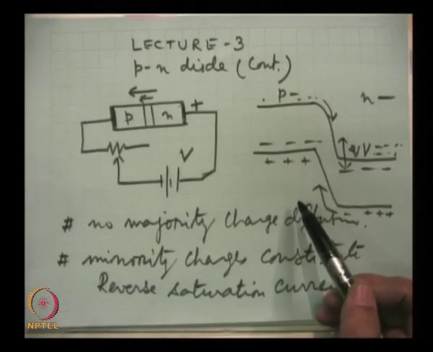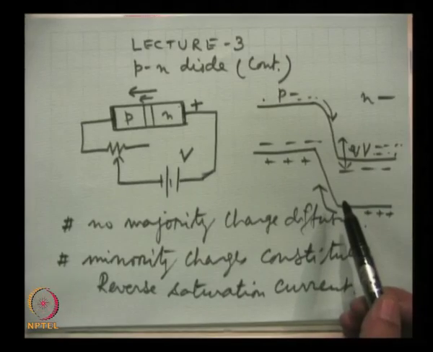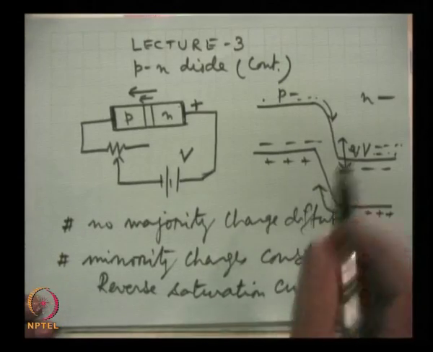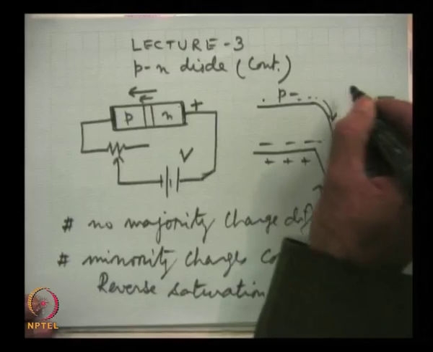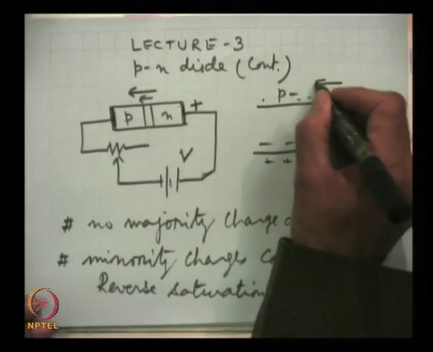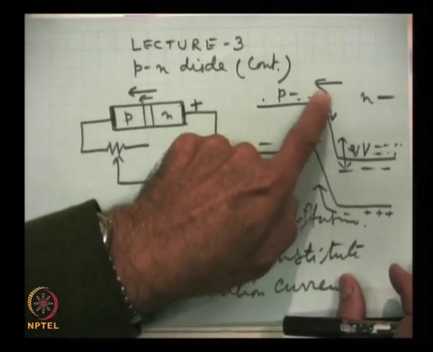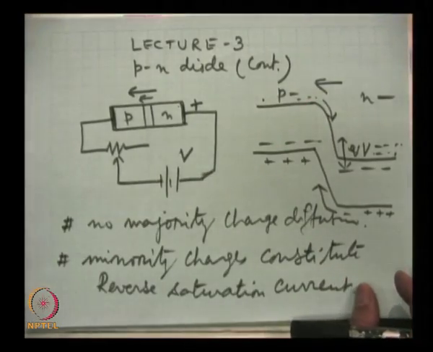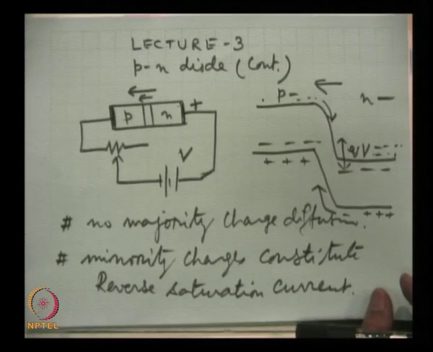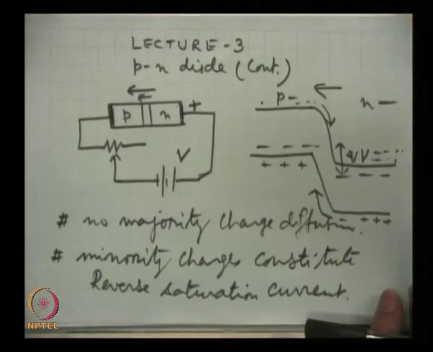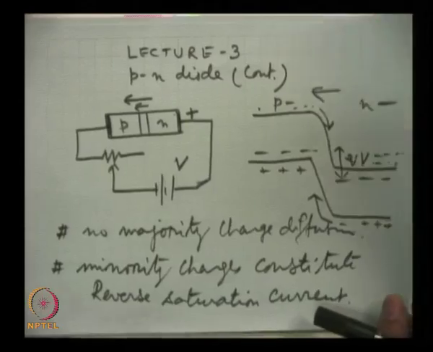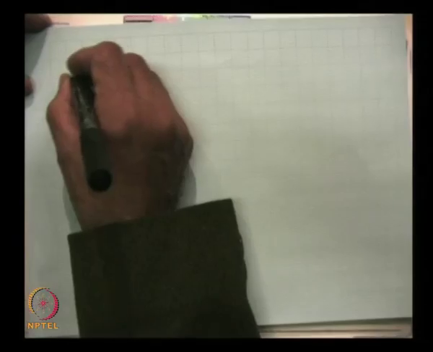Now, the direction of hole movement is the direction of current. The holes are moving this way, so the direction of electric current is in this direction. This is reverse saturation current. So, this is clear that the direction of this current is opposite to the current which was flowing in the forward direction, in the forward bias case. So, this is called reverse saturation current.